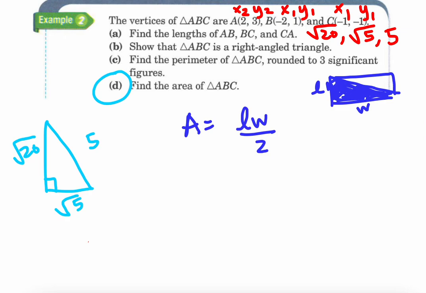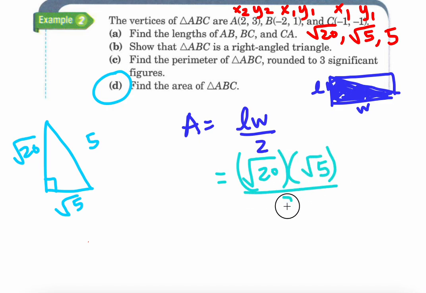Okay, so I'm really just looking at my legs. So my area will be my length, square root of 20, times my width, square root of 5, divided by 2.